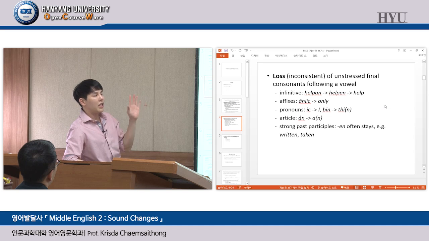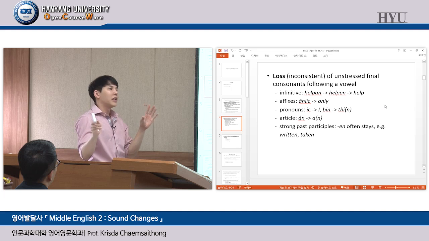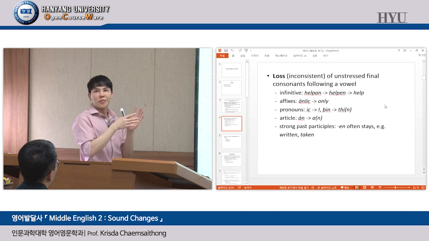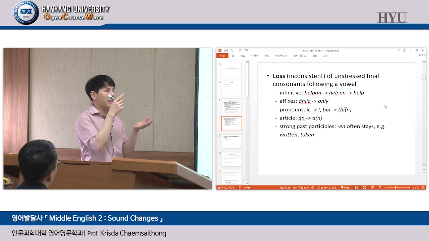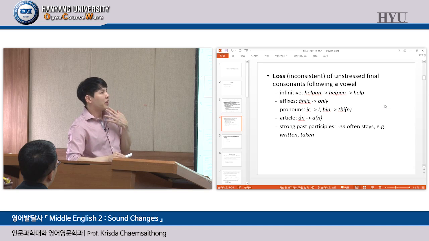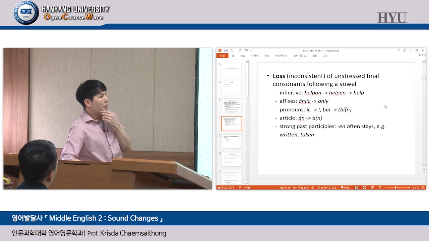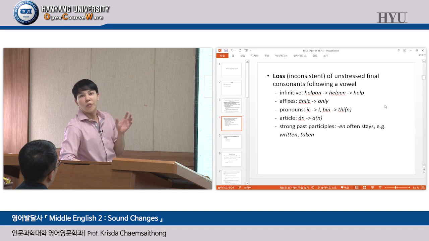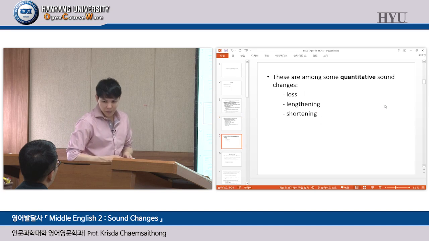Now the N is gone, so you have a, like a man, and an apple. That's the origin of the articles a and an from the number 1. And the strong past participle en often stays, but pronounced with a schwa, written like that.